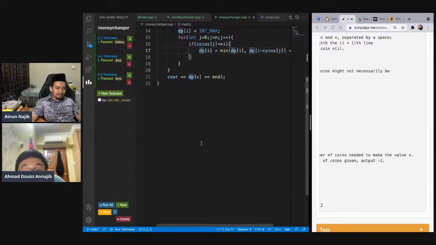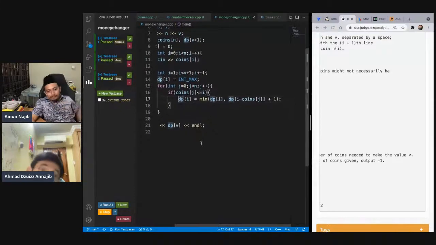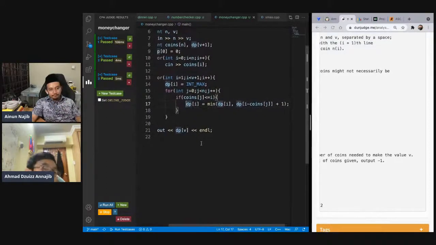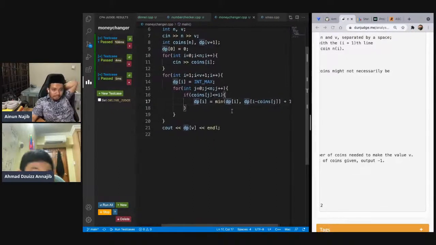You never set anything to zero. It will be one? You never set anything to one. You always set dp values. It will be the largest integer possible.